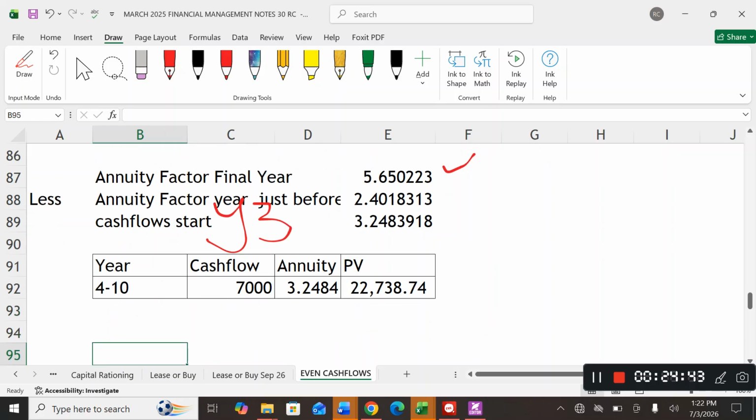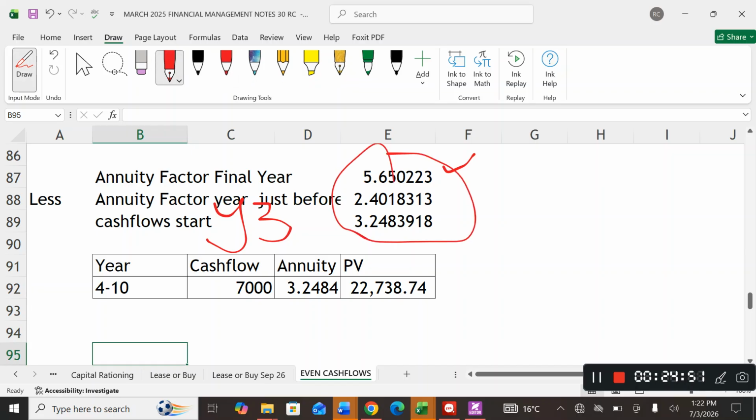If I do not want to adjust my annuity factor using this method that I have explained here, I can still do the same using accumulation of discount factors.